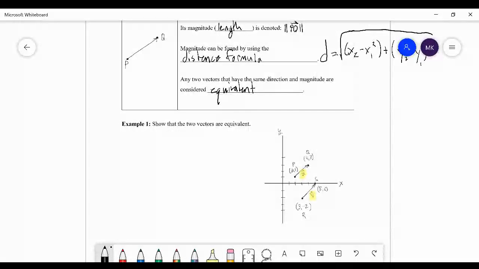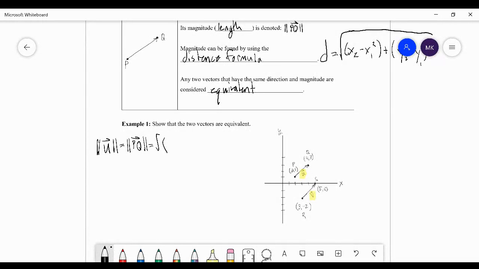And to find the magnitude, we want to find the magnitude of the vector u, which is equal to the magnitude of the directed line segment PQ, and we can just use the distance formula to do this.